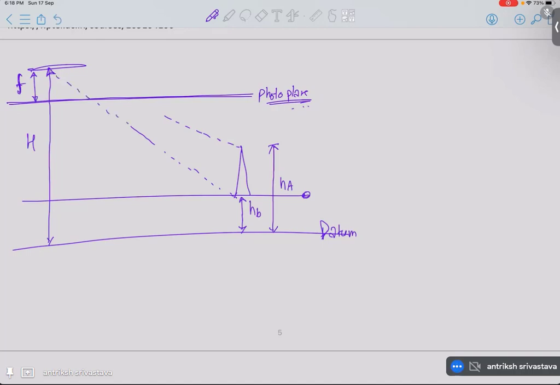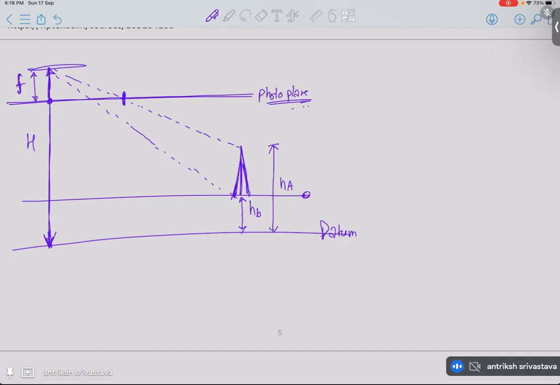So the photo is cast here. So this is your photo plane. So the top of your tower is going to appear here. This is your principal point, perfectly vertical above the object, right? So this is called the principal point on the photo.